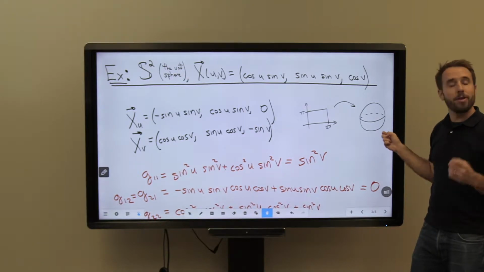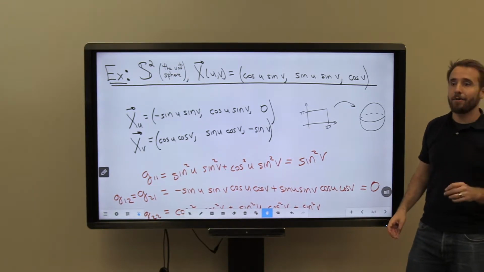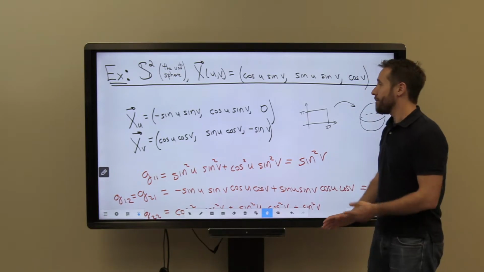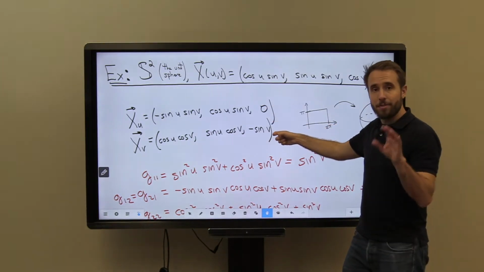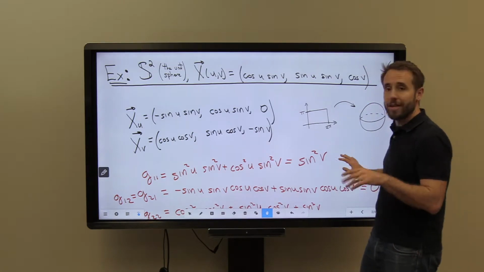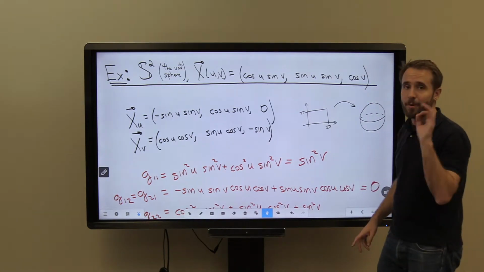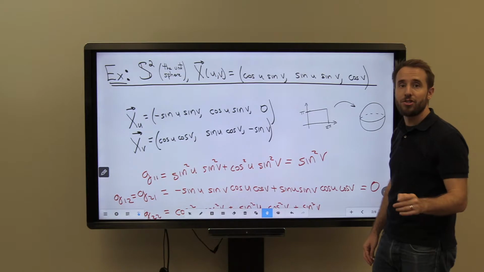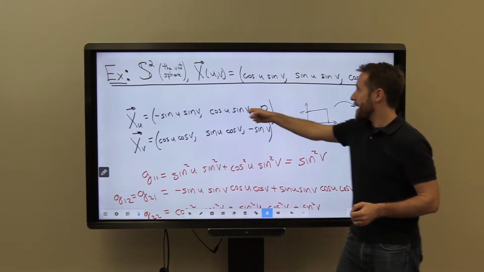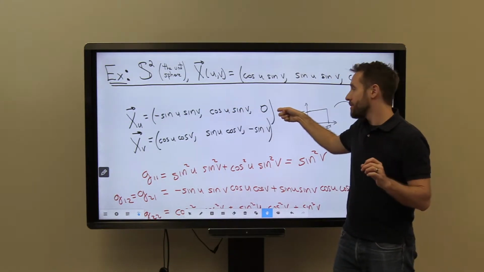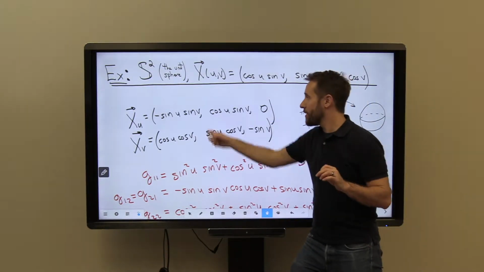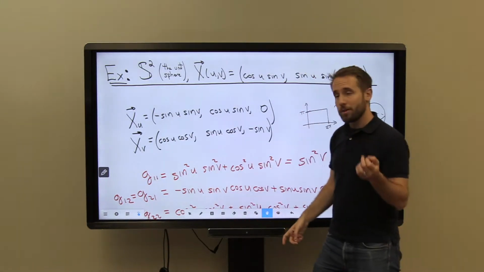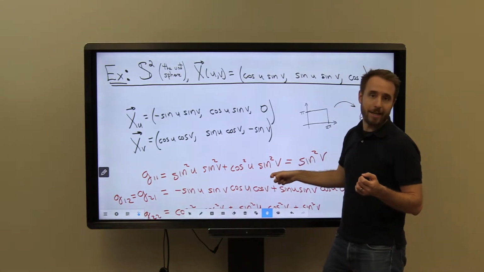And so we could first compute our first fundamental form, right, by taking the u derivative, taking the v derivative, and then actually computing the individual entries. And that's what we do down here. So for example, our first entry in this matrix, the G11 entry, would be x sub u dotted with x sub u. And we see that becomes sine of u squared times sine of v squared. That's this times this. Plus cosine of u squared, sine of v squared.